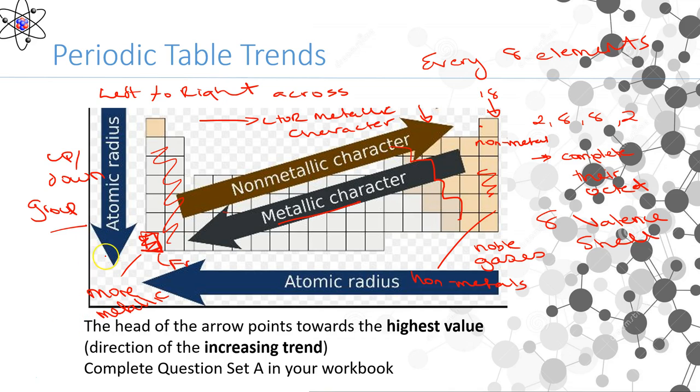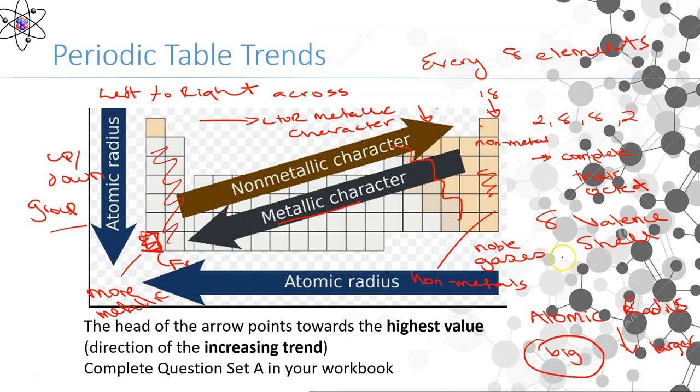Another thing to remember is that our atomic radius, so that's how big the atom is, how big its electron cloud is, increases as we go down a group. As we go down a group it gets larger, and that makes sense because we keep adding shells on, and as we add a shell we add another layer, like a layer to an onion.